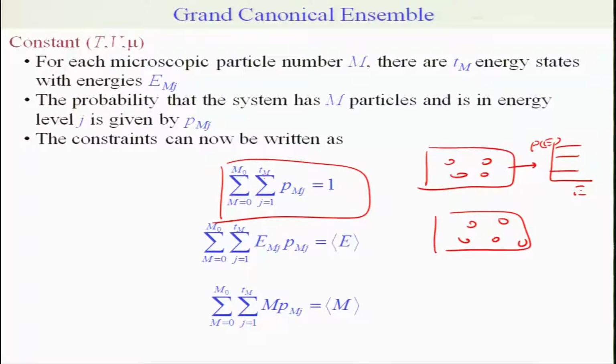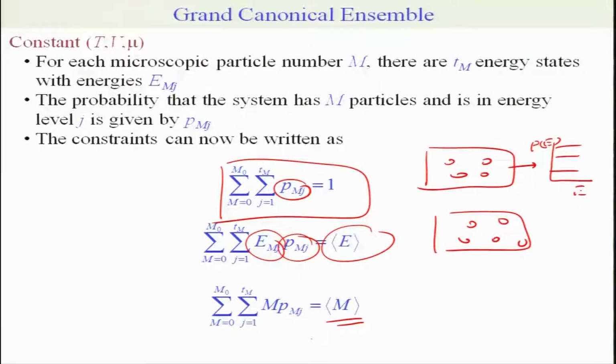Hence you are summing up the probability of Nj, which is the system having N particles and energy level j, from j equal to 1 to the number of energy levels for N, and then from N equal to 0 to N0. Similarly, you get the average E by multiplying E_Nj by P_Nj, and then you have a double summation, and similarly for the average N also. So, these are the constraints written in this form.